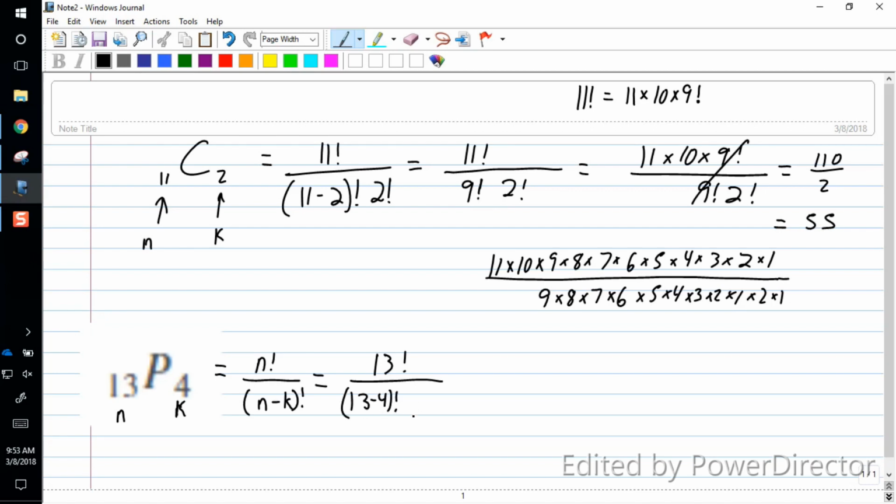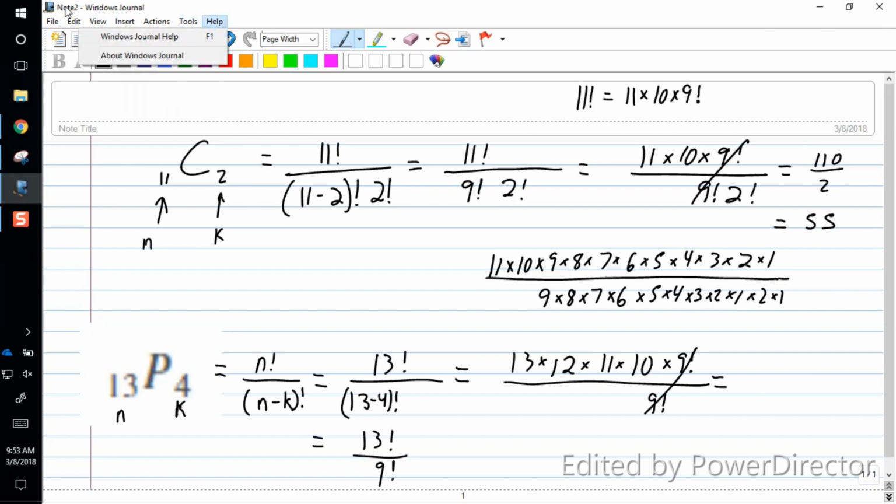Now notice it's not the same as the combination. I don't put the 4 out here again. Okay, so you can do this in the calculator a lot faster than I can do it writing it out. So what is 13 minus 4? It is 9. So again, I'm going to stop my numerator at 9 factorial so that I can cancel the 9 factorial out in the denominator.